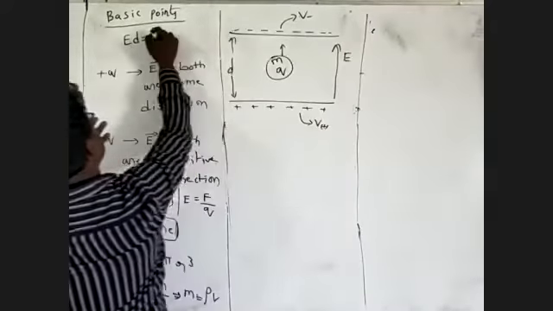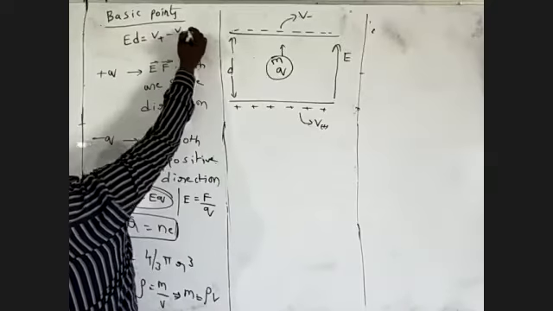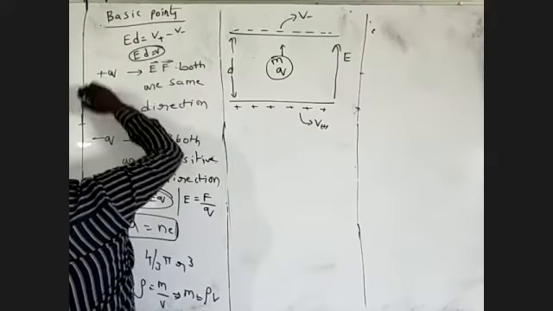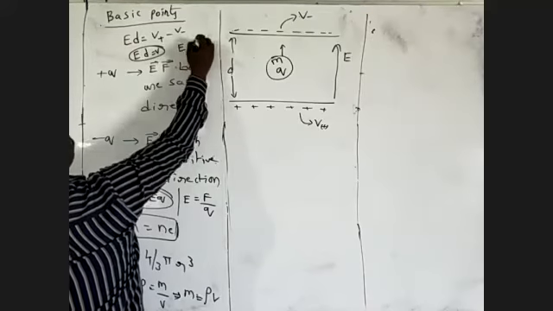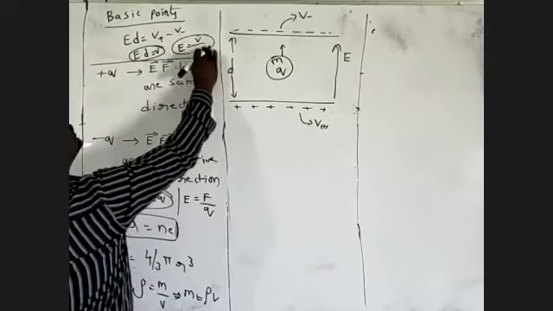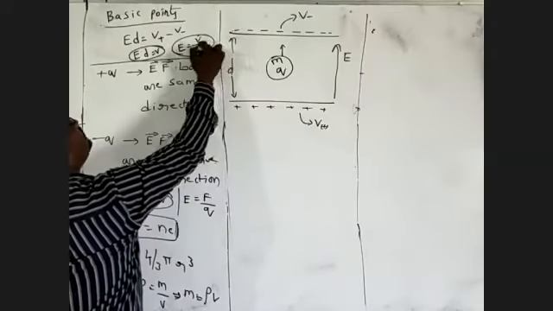Positive potential minus negative potential, because this is a voltage. Ed is equal to V, so E is equal to V by d. This is a very, very important basic point.